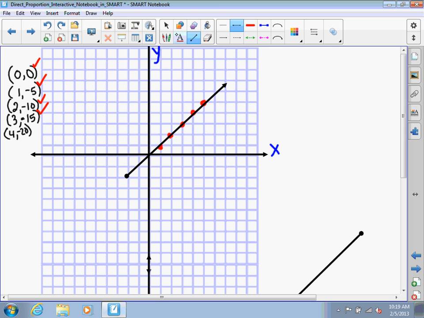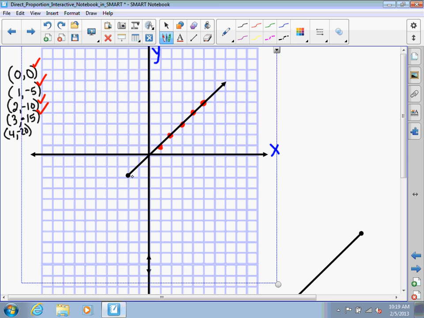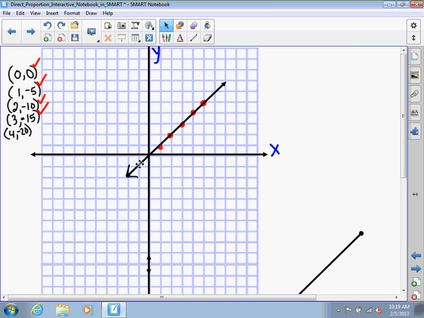You don't see that? So we go through 0, 0, we get it correct. Okay? We're going to make sure we have arrows on the end. And there's your graph of the t-shirt problem.